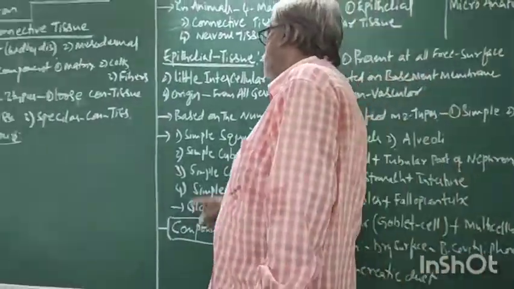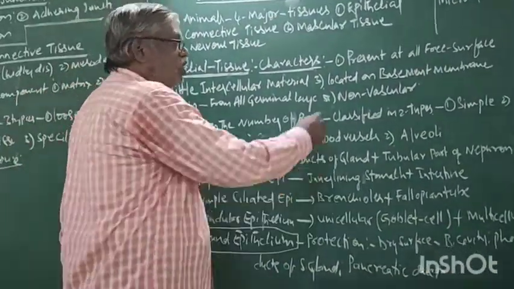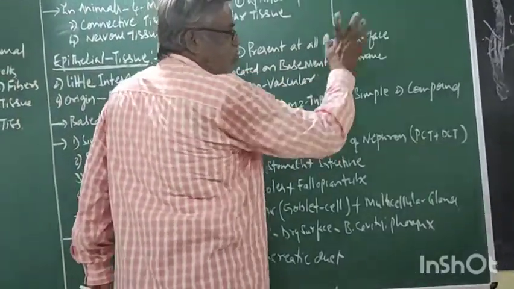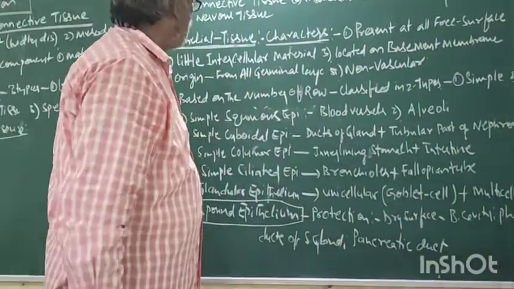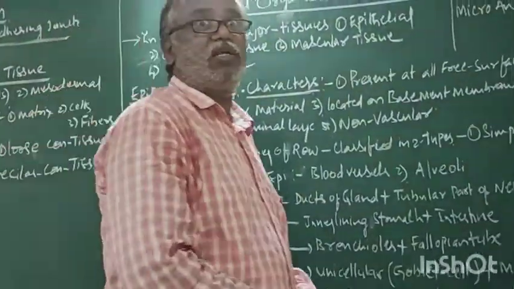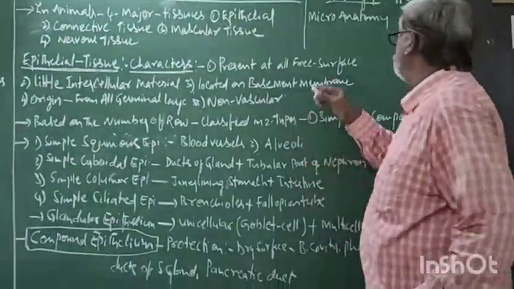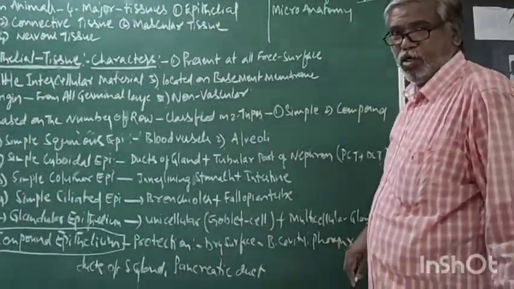Now come to the epithelial tissue. Characters: present at all free surfaces, with little intercellular material. Tissue means group of cells.